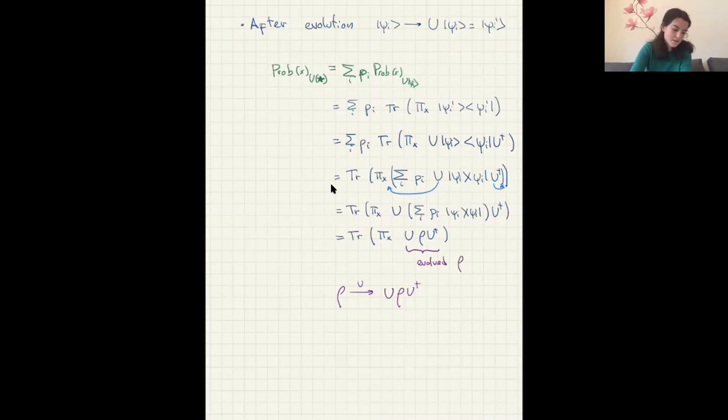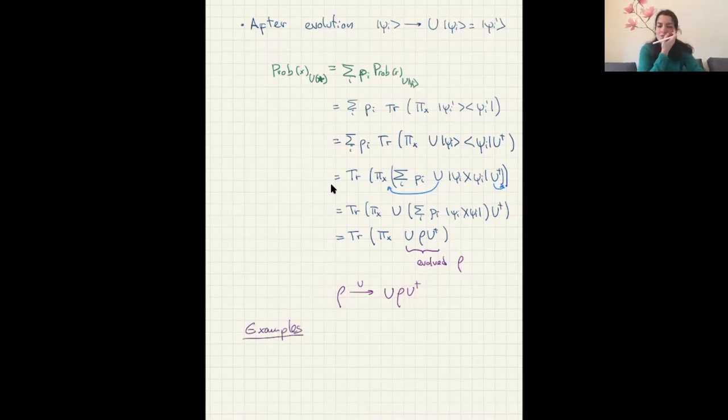In the case of a single state, we could do it with just a u there. But because now this is a matrix and not a vector, we also need the u dagger on the other side. Okay, but we just derived it. So let's look at some examples of this.